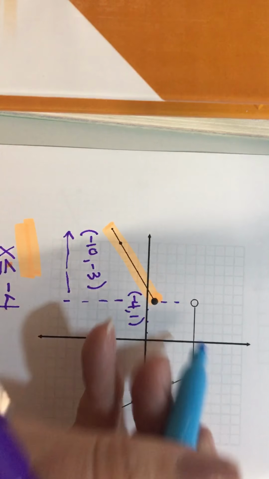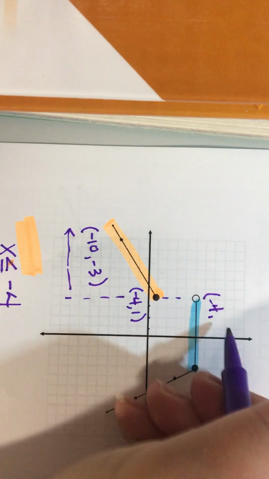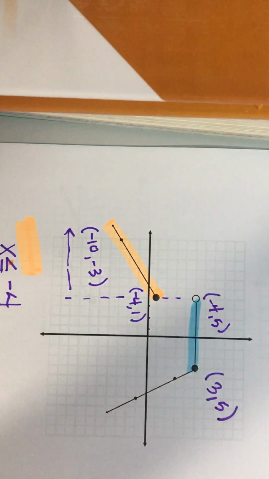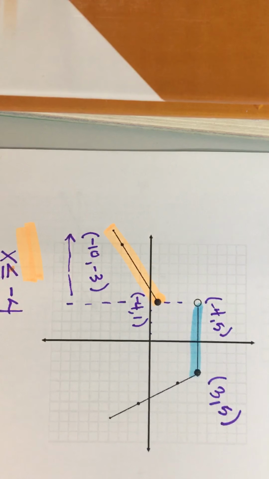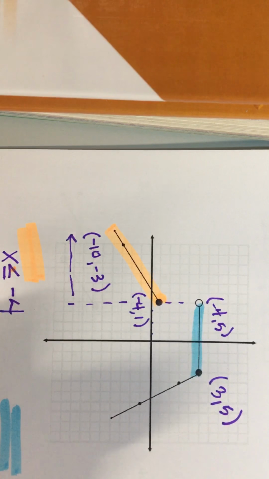Okay, when I do a line like this, my x is -4, my y is 5, and over here my y is 5 at x equals 3. It's kind of hard for me to read. My x's went between -4 and 3.